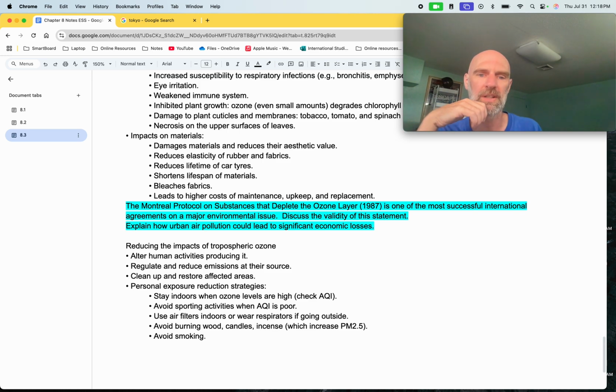My wife uses an indoor air quality filter at her school and classroom because she's got an old school and it's not as good as the school we live in for air quality. So, avoid burning wood, candles, incense. Increases the particulate matter. And I will say that I don't burn candles anymore.